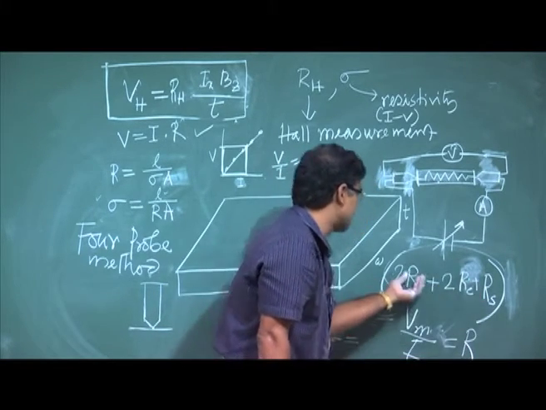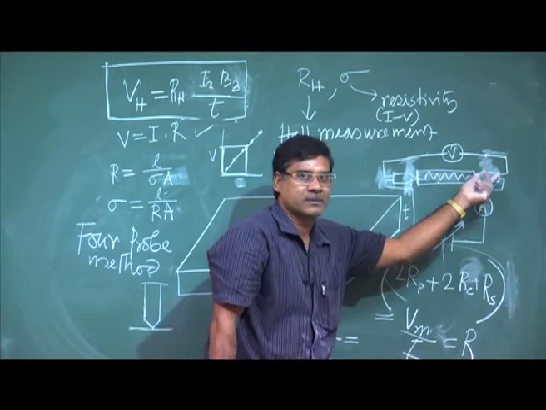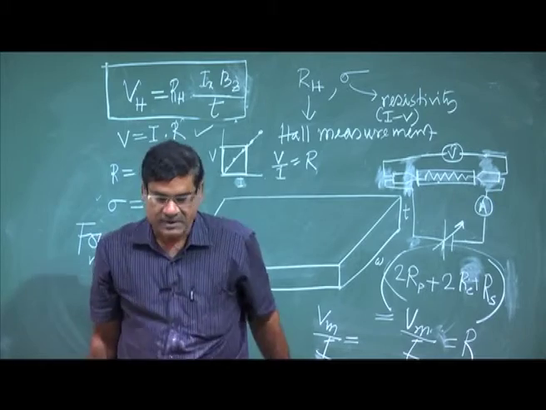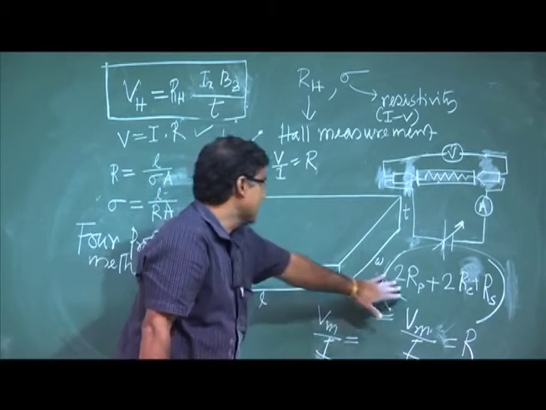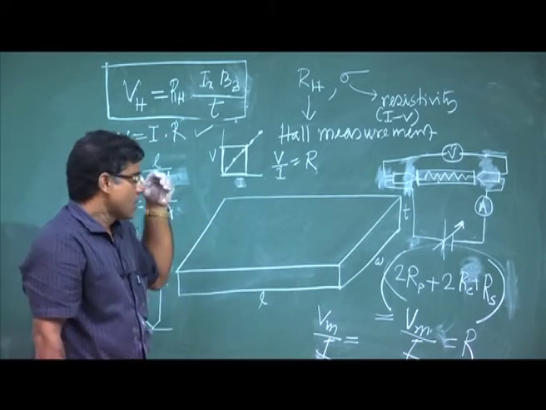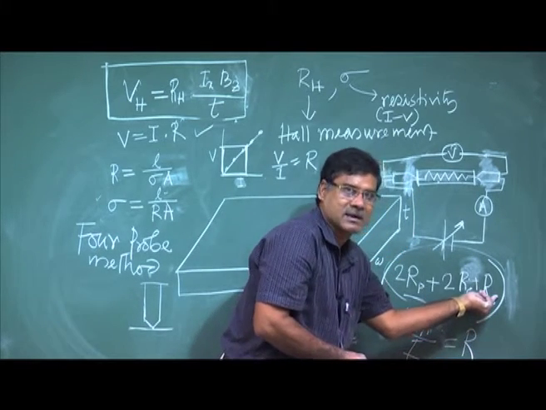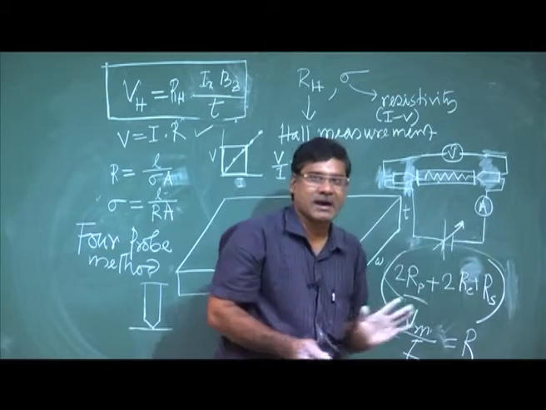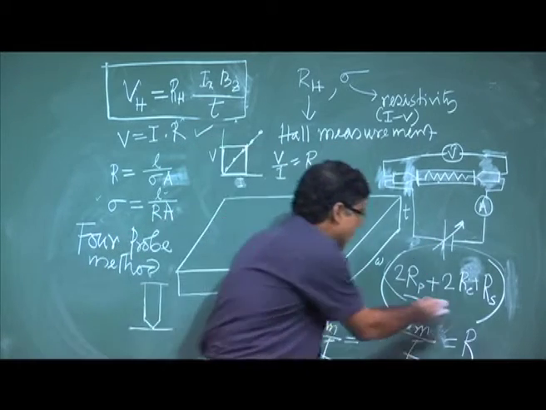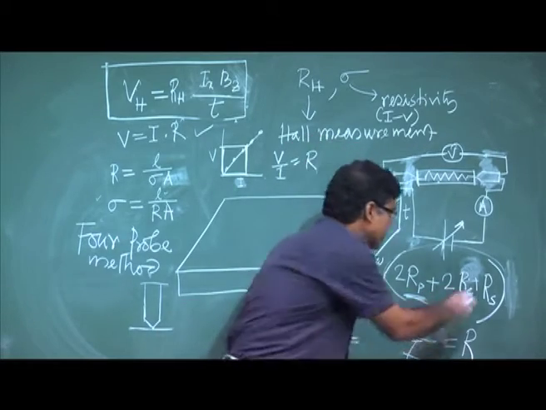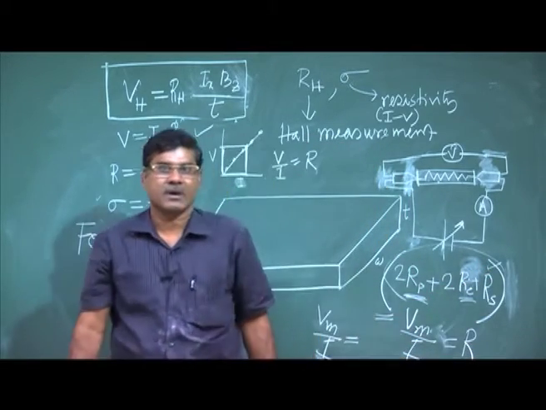It is the overall total resistance, and that R you use to find out the conductivity. So there is a lot of error in that. It includes the resistance of your probe and of your contact, so that is why the error is more. For small resistance it will give high error, so I have to avoid these two. I have to try to measure this Rs. How to do that?